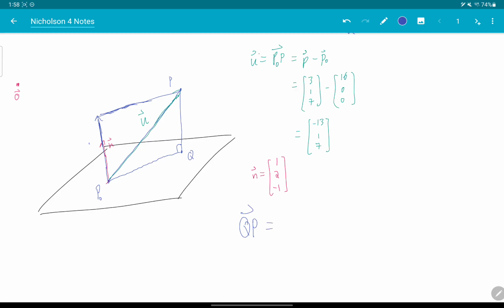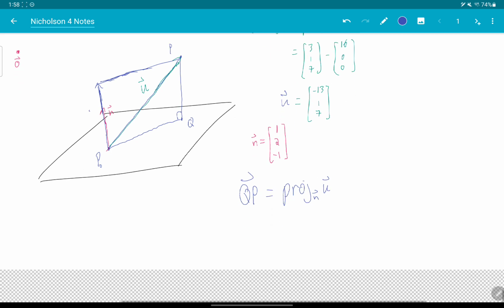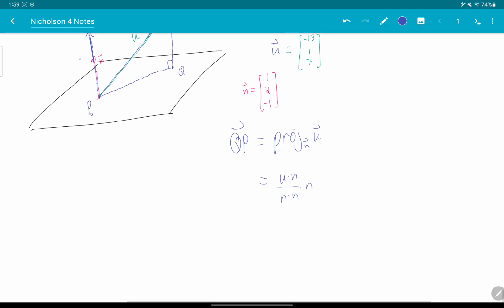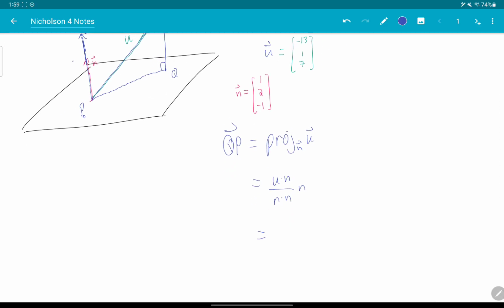QP, this vector I'm certainly interested in, is equal to the projection onto the normal of U. Okay, so I've got U and N here, so I can just use those to find my projection. I get U dot N over N dot N in the direction of N. Forgive me for not putting the arrows on top. I don't feel like it.